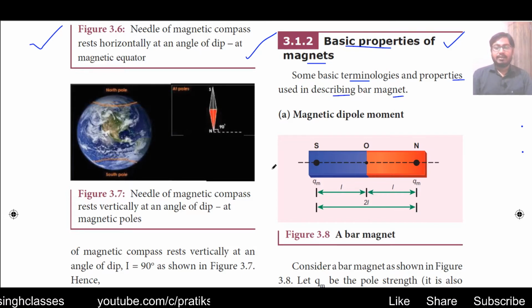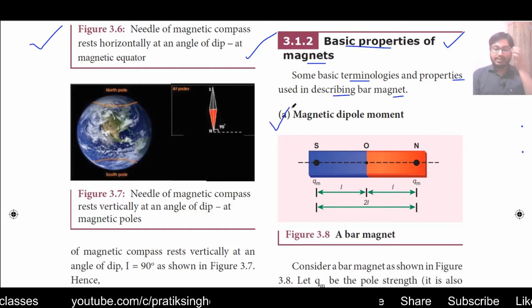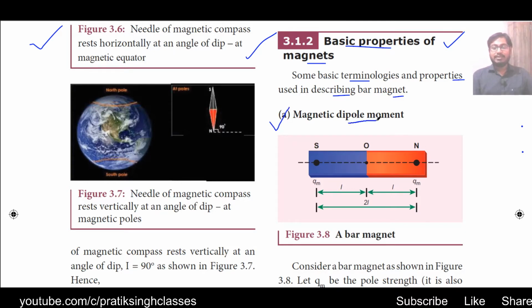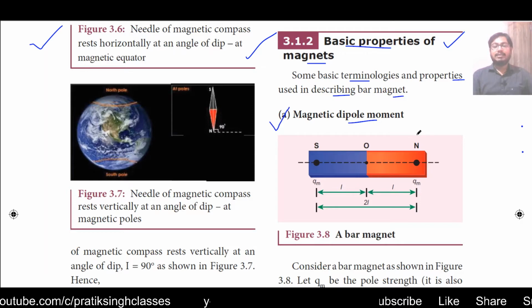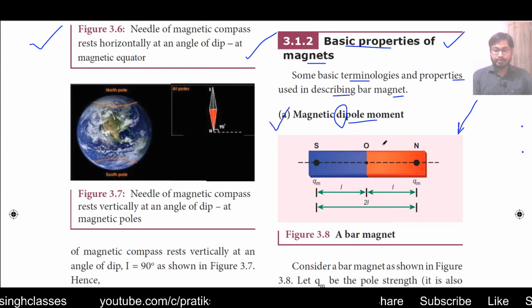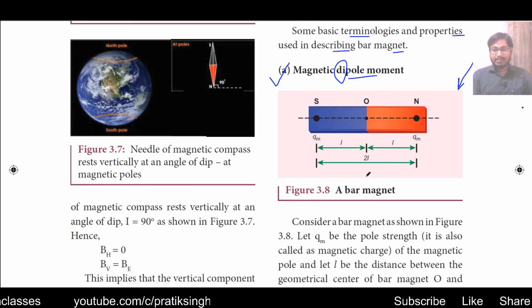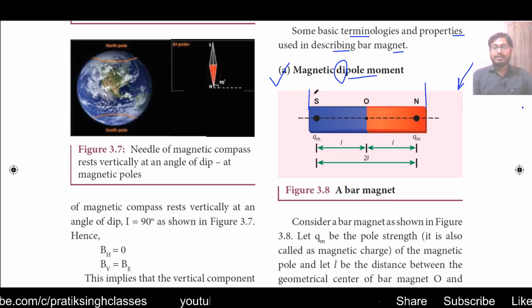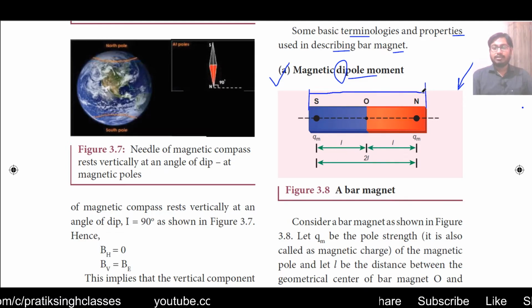The first one is magnetic dipole moment. What is dipole moment? We already saw it in the first unit, but that was in the case of charges. Here we will study it in the case of magnets. Di means two, as the name suggests, there will be two poles. As you can see in this figure, from here to here is the actual length of this magnet.